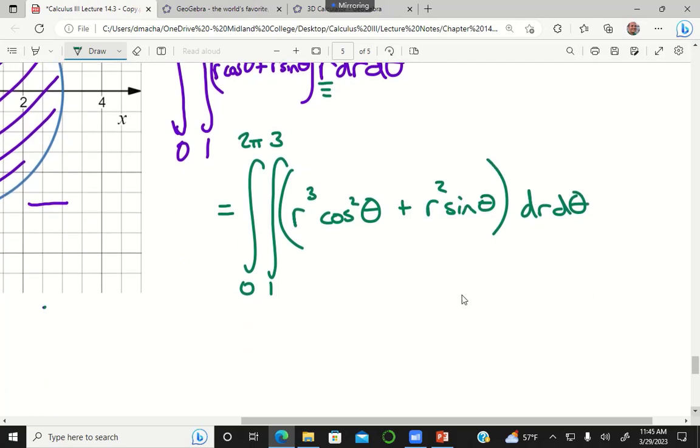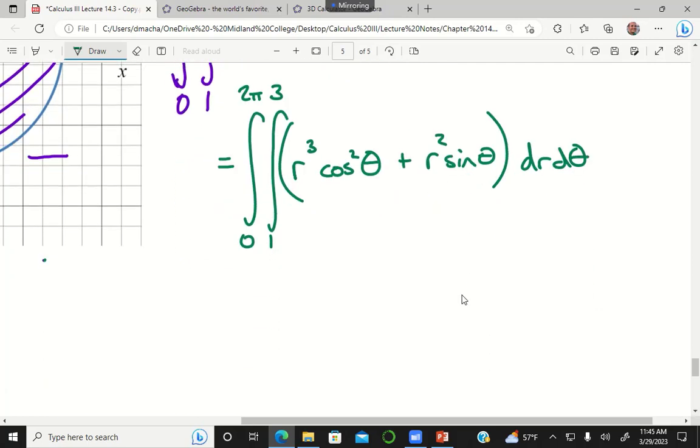And then for the inside integral, all I have to do is take the antiderivative with respect to r. So I'm treating theta as a constant, which means I can treat cosine squared theta and sine theta as constants. And then all I have to worry about for right now is the antiderivative power rule.